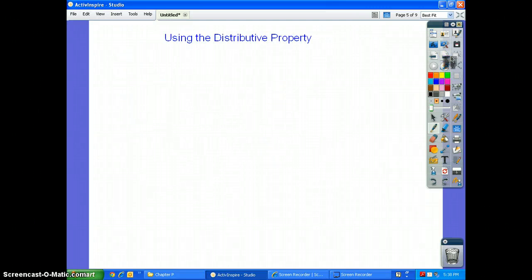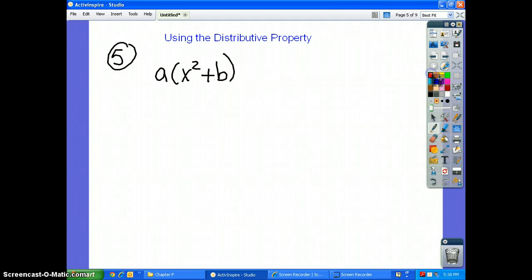Problem number 5. Use the distributive property. Problem number 5 happens to be number 37 in your textbook. In this section of questions, it says use the distributive property to write the factored form or the expanded form of the given expression. Here we're giving you a times x squared plus b.